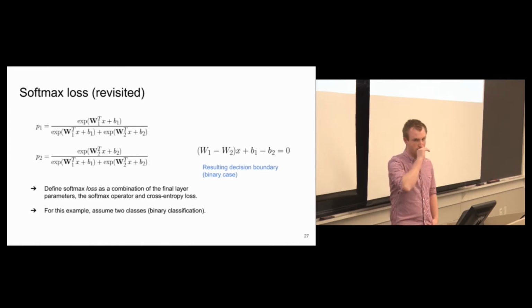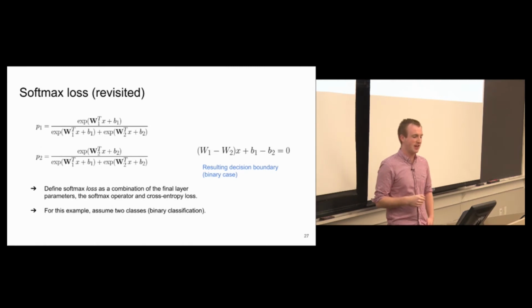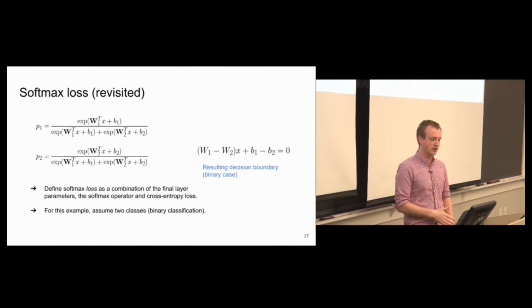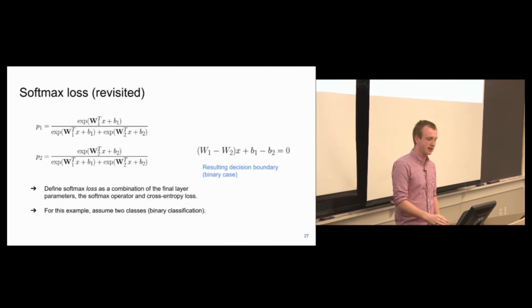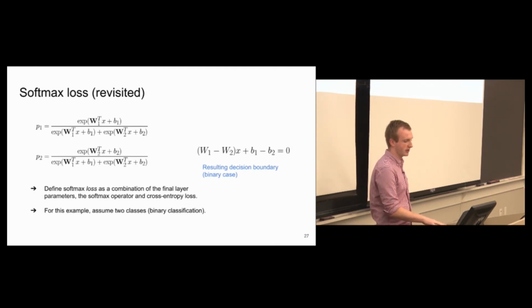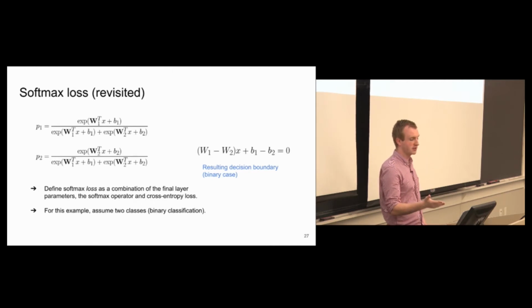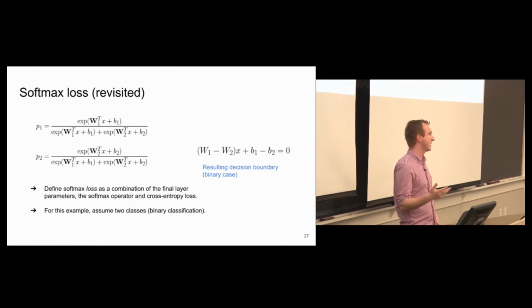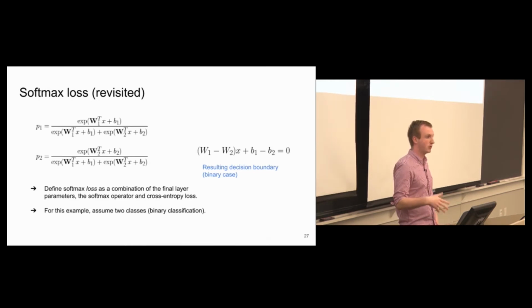All right, so we're going to step back again and talk about something that you've seen a lot. This is softmax loss, which, as I said before, we're just going to use to describe the last layer parameters, the softmax operator, and then the cross entropy loss. For simplicity, we're going to assume a binary classification case. We have two weight vectors that make up the weight matrix.